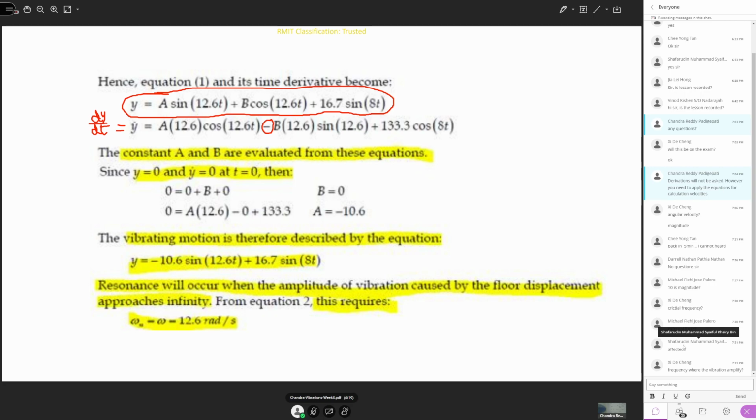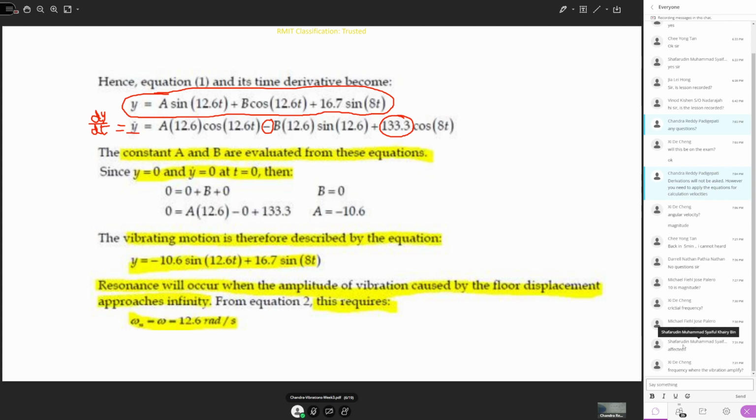Similarly here you take the derivative: 16.7 into 8, so that gives you 133, and sine omega t becomes cos omega t. So 16.7 into 8, then cos 8t. 16.7 multiplied by 8, you will get 133.3. So this is the velocity.